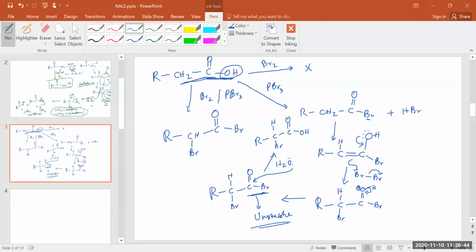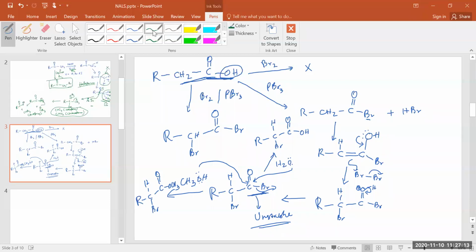Okay. If you take methanol, what will happen? What happens when methanol reacts with an acyl chloride? The question in the quiz. Alcohol reacts with the acyl chloride, it makes an ester. So with methanol, the product will be a brominated ester. Okay.